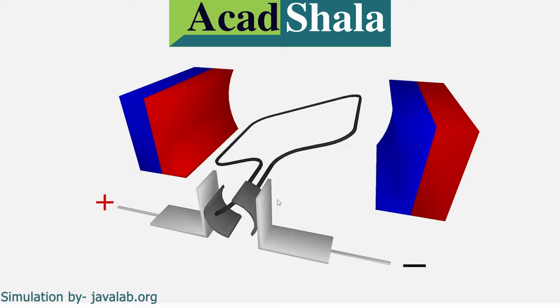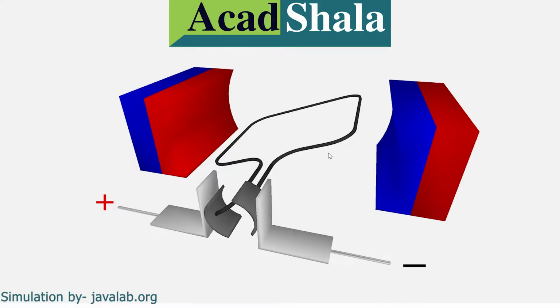Therefore, the direction of the force which the coil receives is reversed and the coil rotates. The current direction is changed by the commutator every half turn of the coil. So the coil continues to rotate in the same direction.